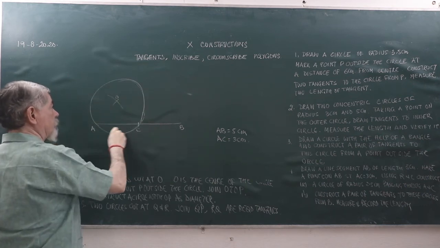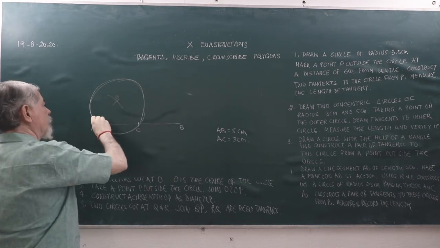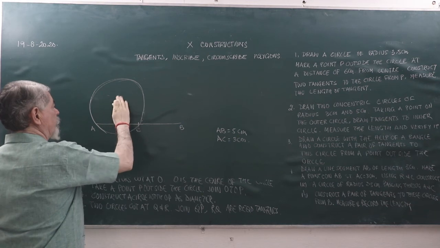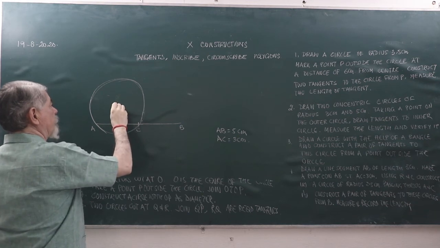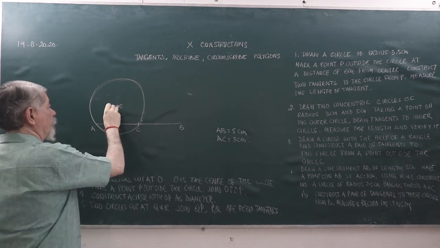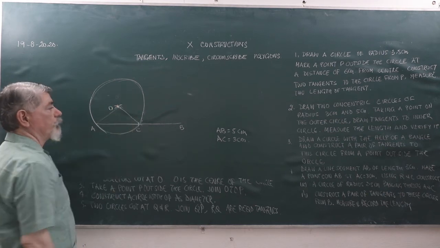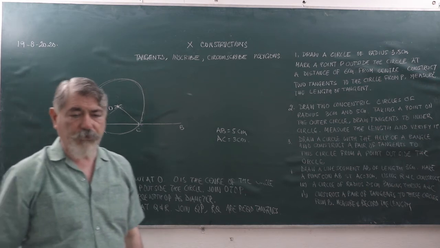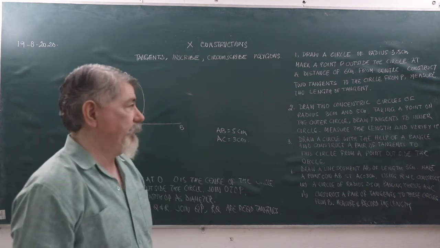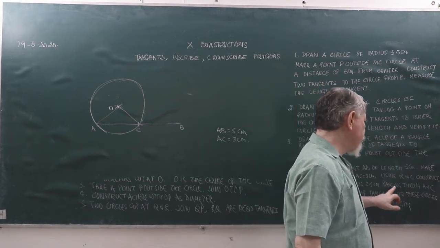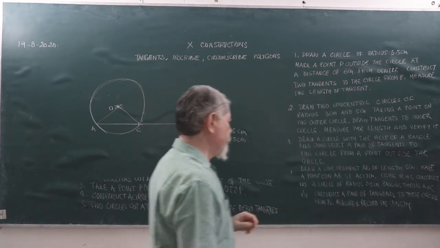This is a circle of radius 2.5 cm. AO is 2.5, CO is 2.5, both are 2.5.